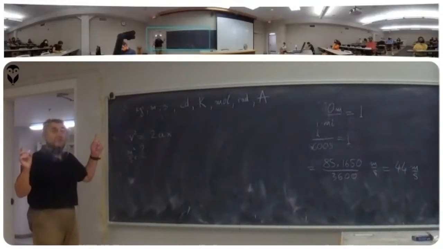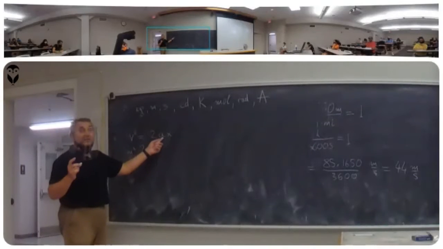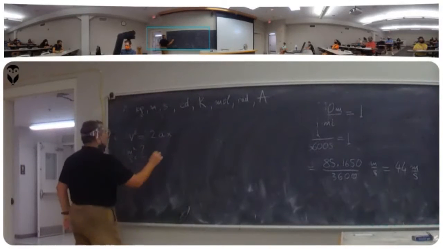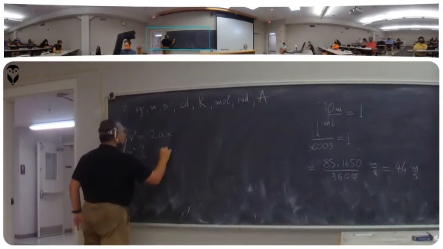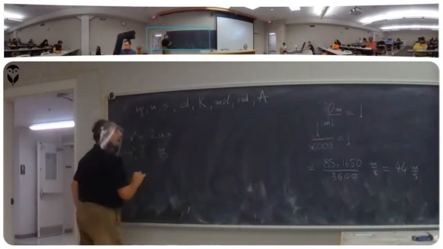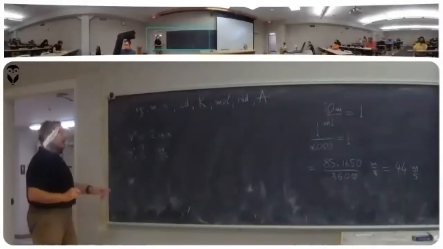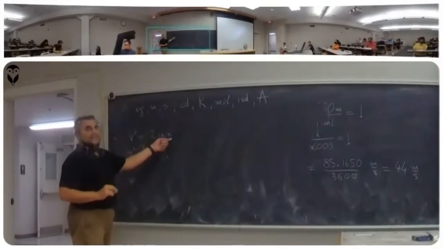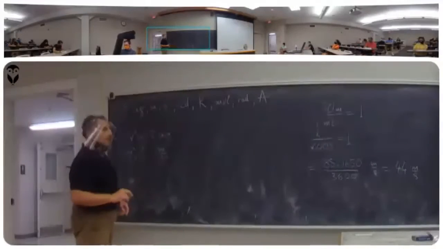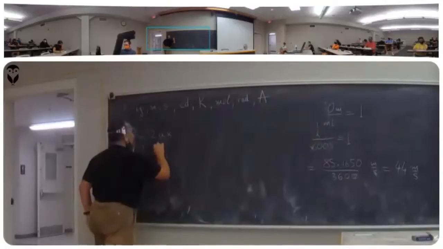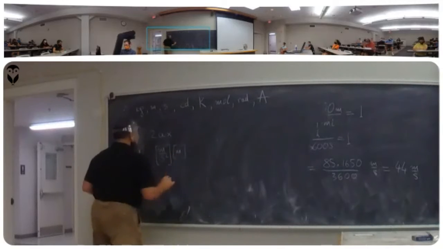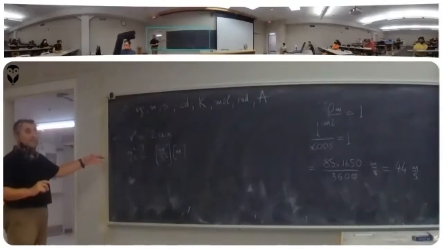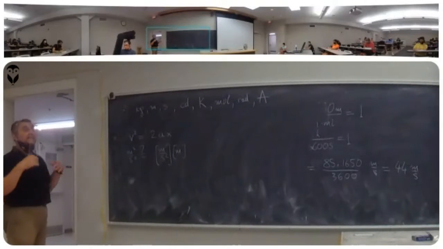So it doesn't have dimension. The acceleration, as we're going to see, has units of meter per second squared. And distance, displacement, has units of meters. Therefore, this particular equation is dimensionally correct.